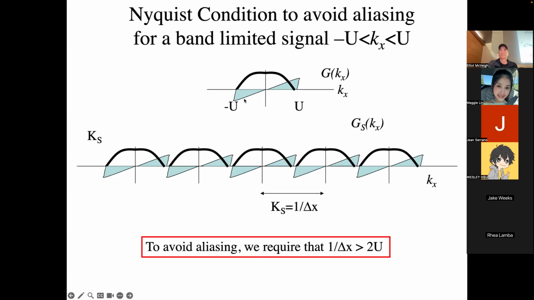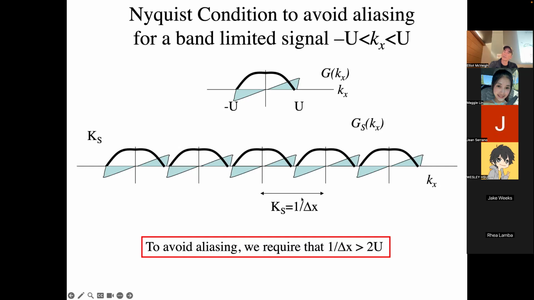And we'll say the Nyquist condition to avoid aliasing, to avoid that overlap. If the bandwidth of my function is negative U to U, and that's my total bandwidth of the function that I'm trying to sample, right? If I sample adequately, I will separate these things by 2U here, right?